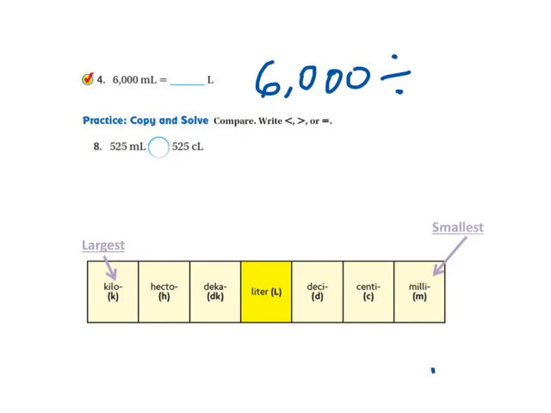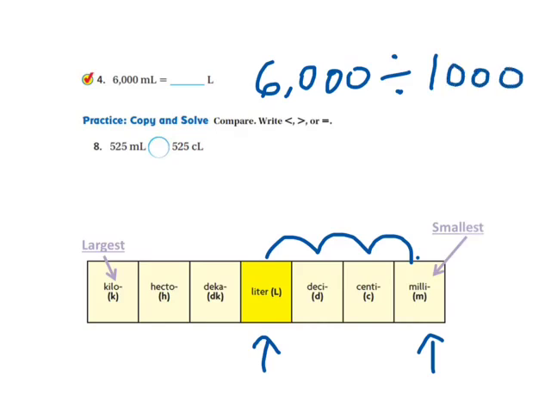So milliliters are here. Liters are here. And I just put a 1 here, and then I count the number of times I go from milliliters to liters, or the other way is fine too. 1, 2, 3. So I put 3 zeros. 6,000 divided by 1,000 is 6.